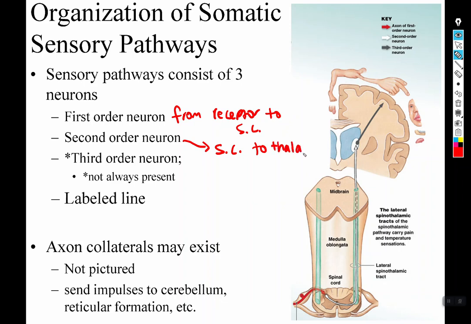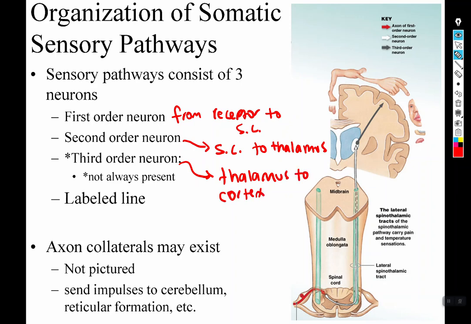And the third order neuron, in most cases, but not always, is from the thalamus to cortex.